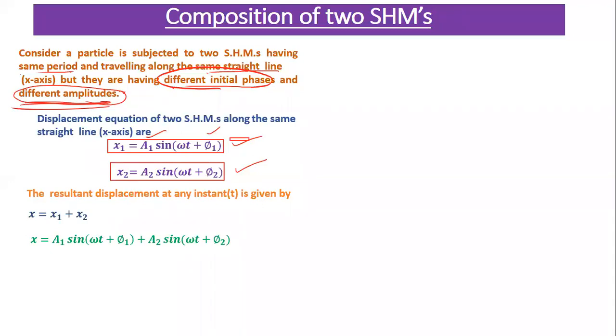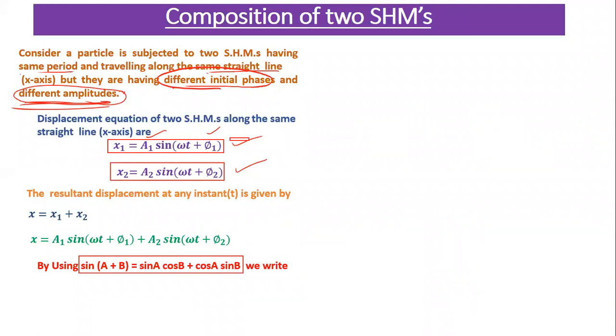Now this is a mathematical step. We have to elaborate this by using a formula. In mathematics, you already learned this formula: sin(a plus b) is equal to sin a cos b plus cos a sin b. By using this, we have to expand the above equation.